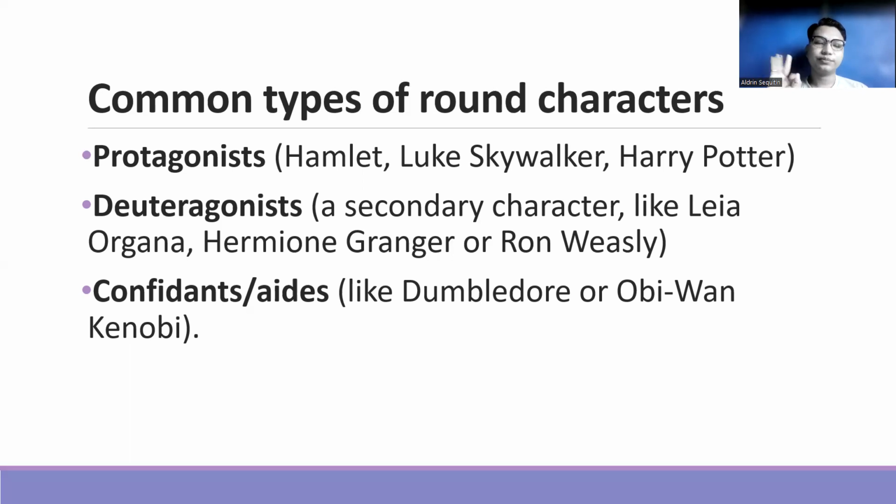We also have the deuteragonist, or the secondary character or supporting character. And we also have tritagonists. Tritagonists are minor characters. They are like stock characters that have a little importance in the story. So protagonist, antagonist, deuteragonist, and tritagonist. Those are the four types of characters in ancient Greek dramas.